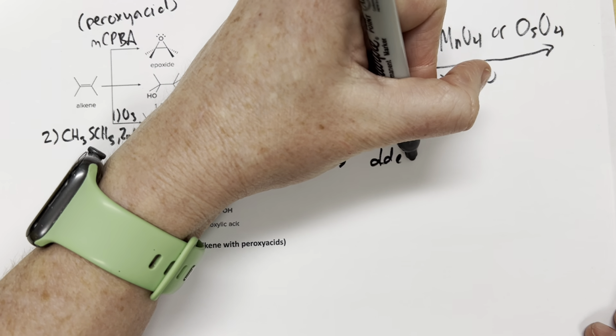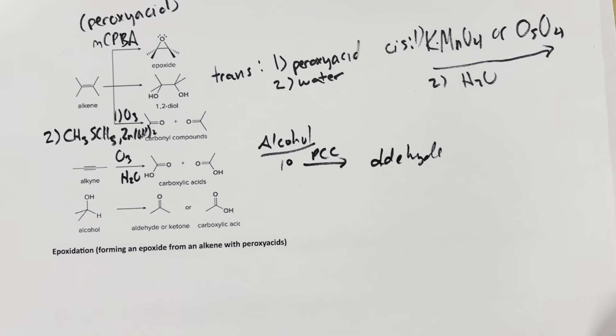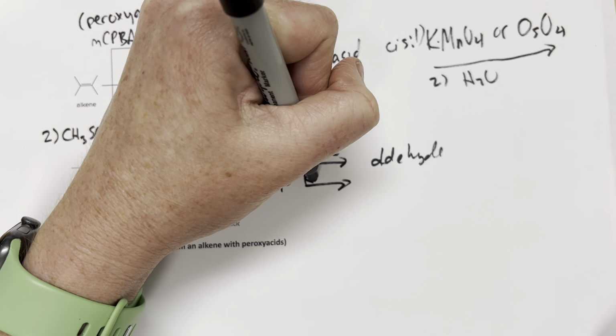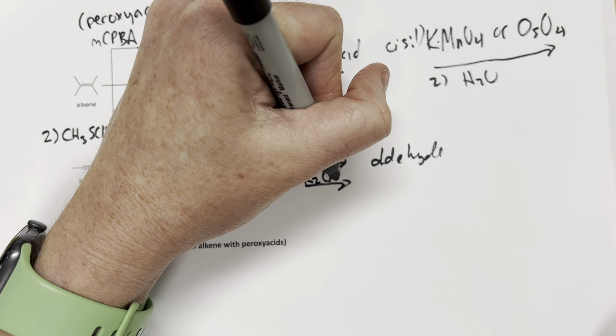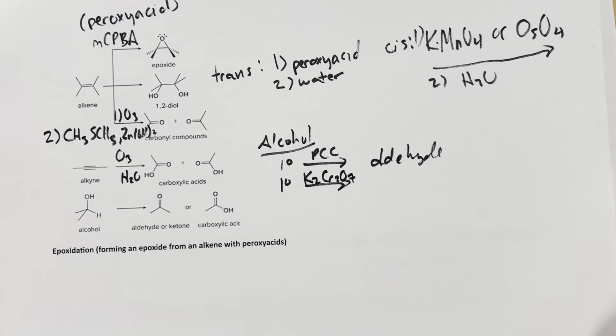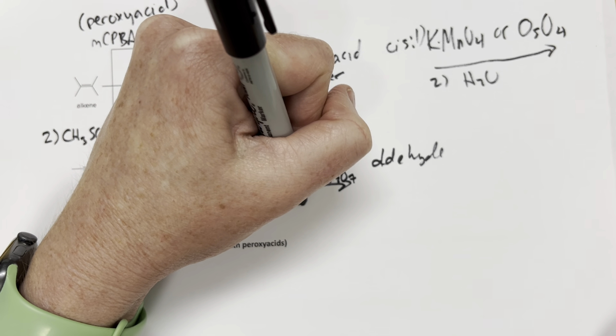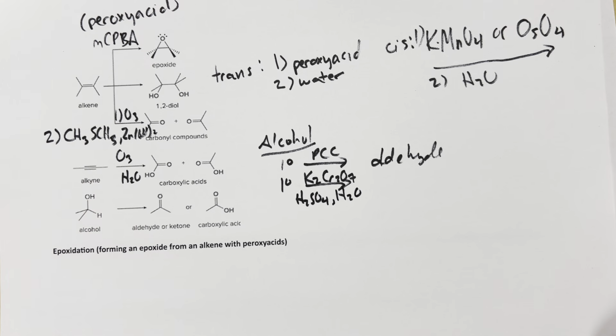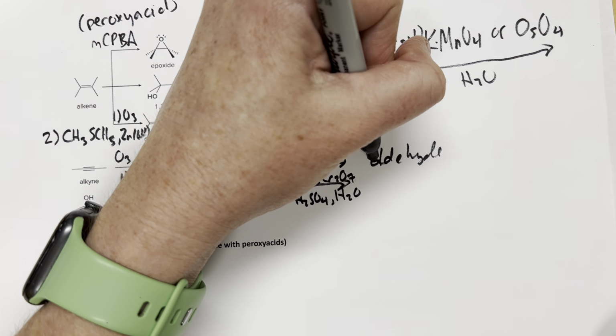I'll show you how that works. If you have a primary alcohol and you react it with potassium chromate and follow it up with, let's say, sulfuric acid and water, then you can get a carboxylic acid.